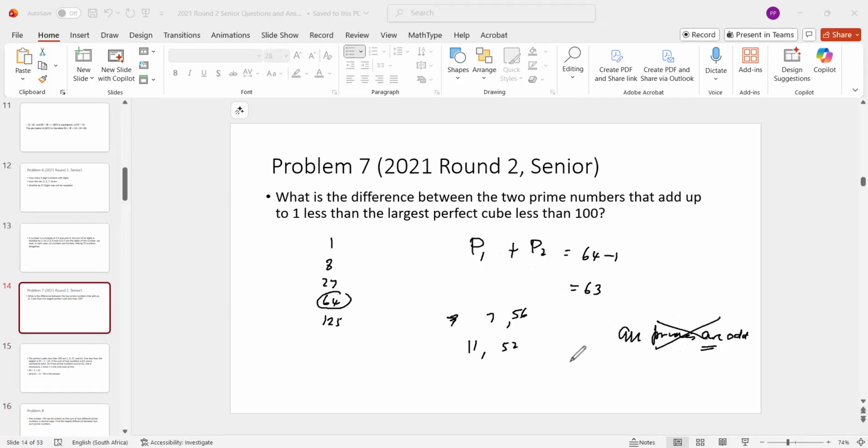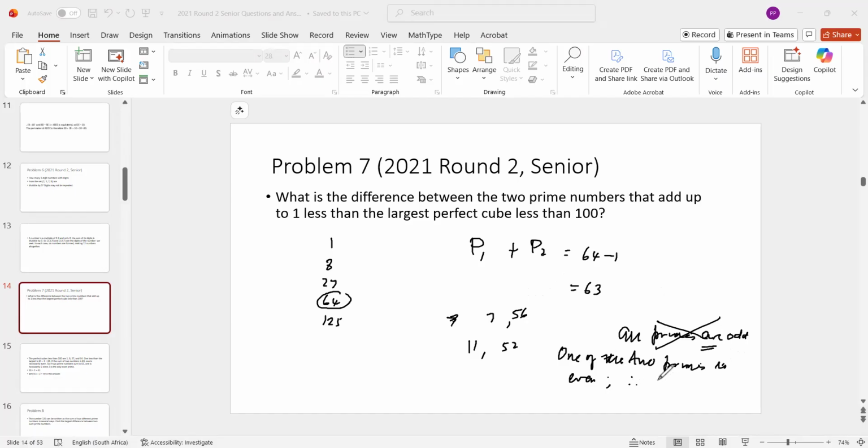One of the two primes is even. To get the sum of two numbers being an odd number, one must be even, one must be odd. But they are prime numbers.